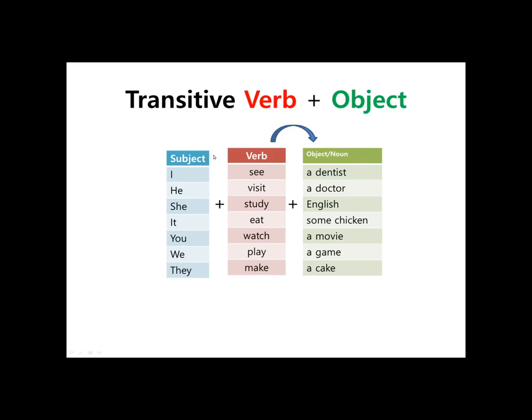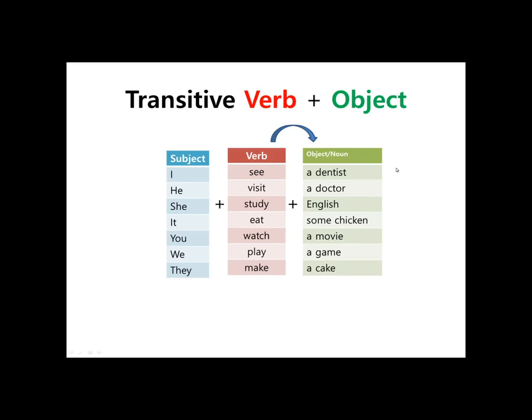Then next we have the verb, the doing word: see, visit, study, eat, watch, play, make. These action words are acting on these object nouns. These are all things, all nouns, object nouns: a dentist, a doctor, English, some chicken, a movie, a game, a cake.